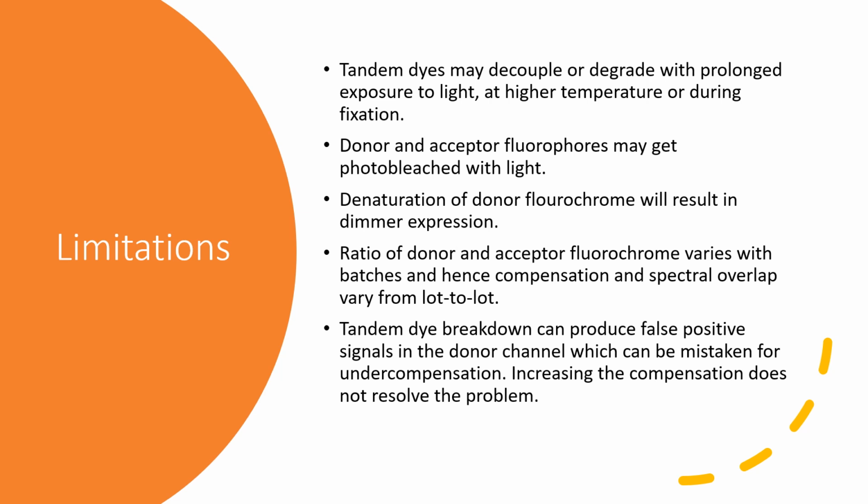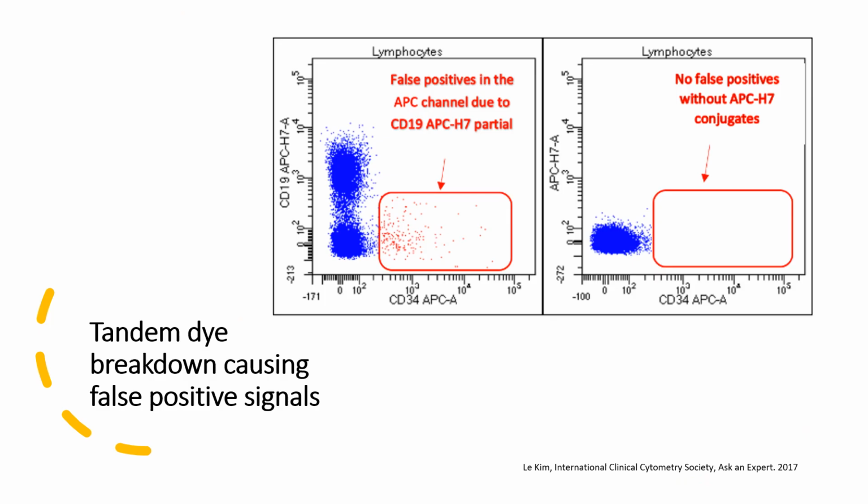Tandem dyes can also break down, causing false positive signals in the donor channel, and this might sometimes give an appearance of undercompensation or spillover. However, when we try to increase the compensation, that does not resolve the problem. So every time we use a tandem dye, we should keep this also in our mind and accordingly resolve it.